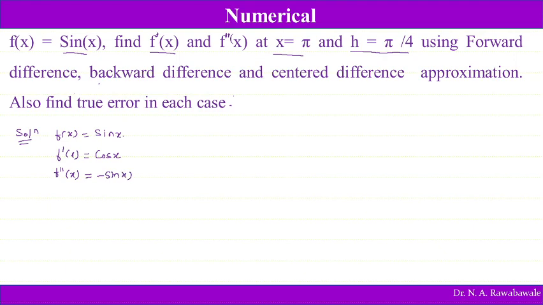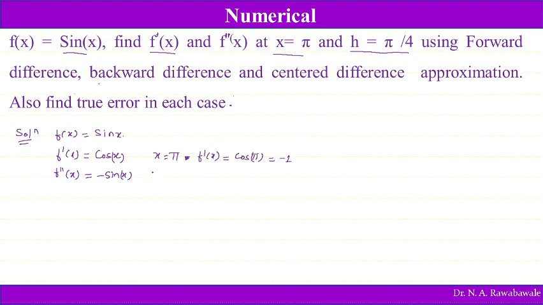Now if we substitute x is equal to pi, then f dash of x is cos of pi, and cos of pi is nothing but minus 1.